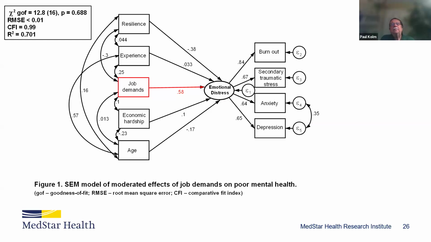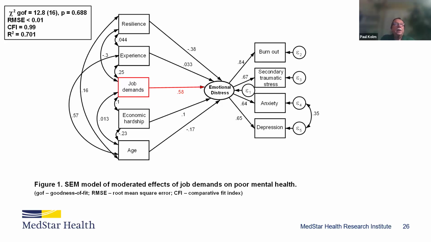And now we're renaming our latent variable emotional distress, which I realized probably better fits the variables that make up that latent variable. And so now our fit statistics are actually quite good.